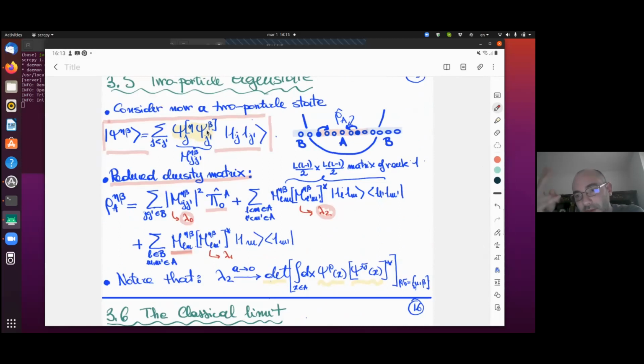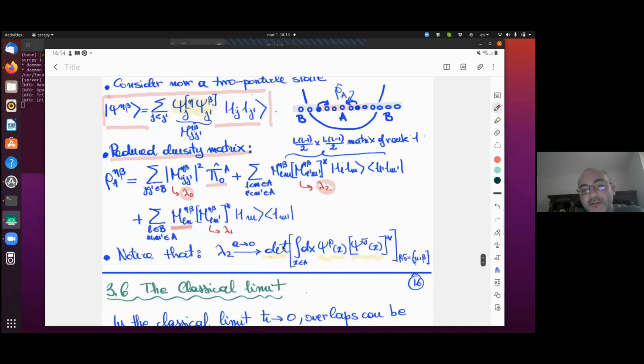So two particles have the same quantum number. The analysis can be repeated, essentially because instead of the determinant you get the permanent, but since in the classical limit it doesn't change that much, because only the diagonal elements matter basically.